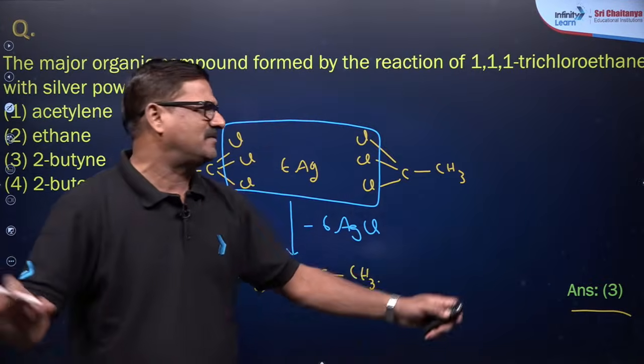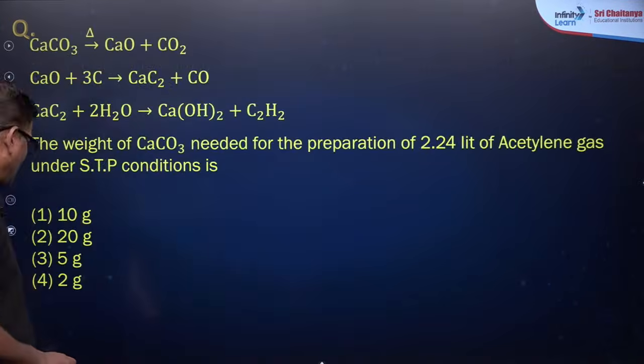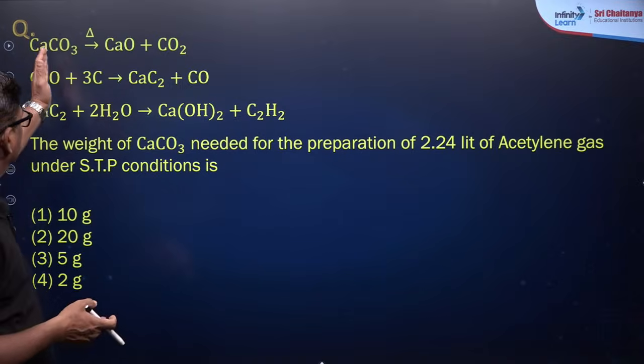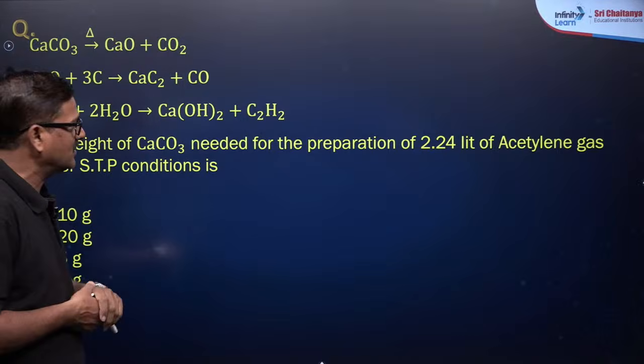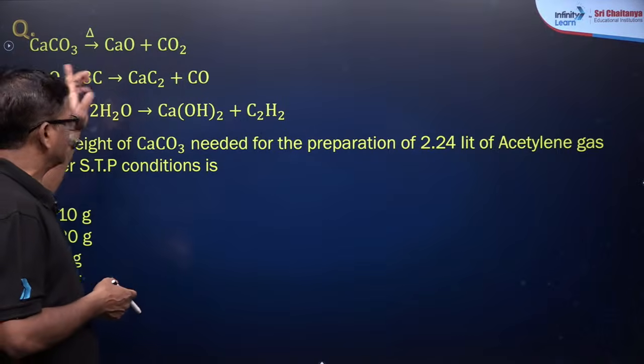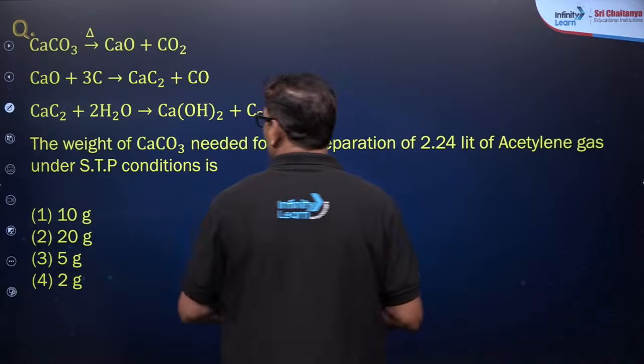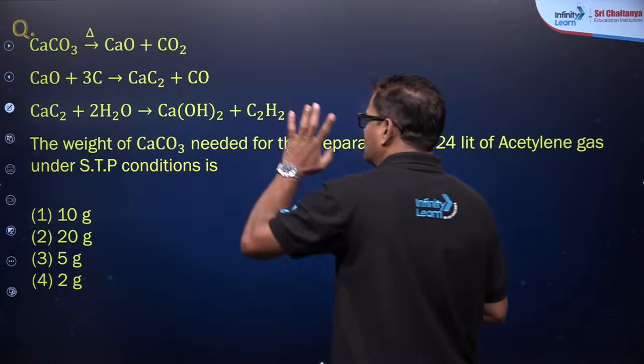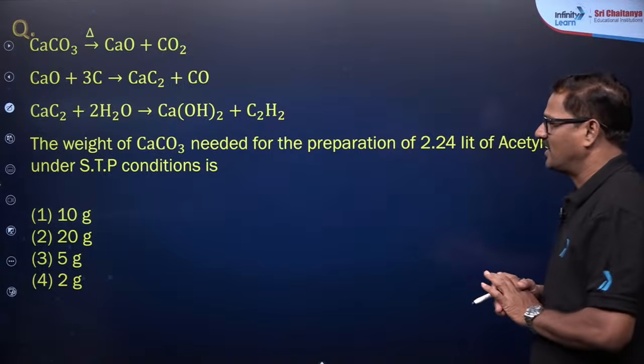हाइड्रोकार्बन का रैपिड फायर राउंड, थोड़ा सा न्यूमेरिकल करना है. Calcium carbonate gives calcium oxide and carbon dioxide. Calcium oxide is treated with coke to give calcium carbide. This calcium carbide reacts with water to give acetylene. All reactions are balanced.